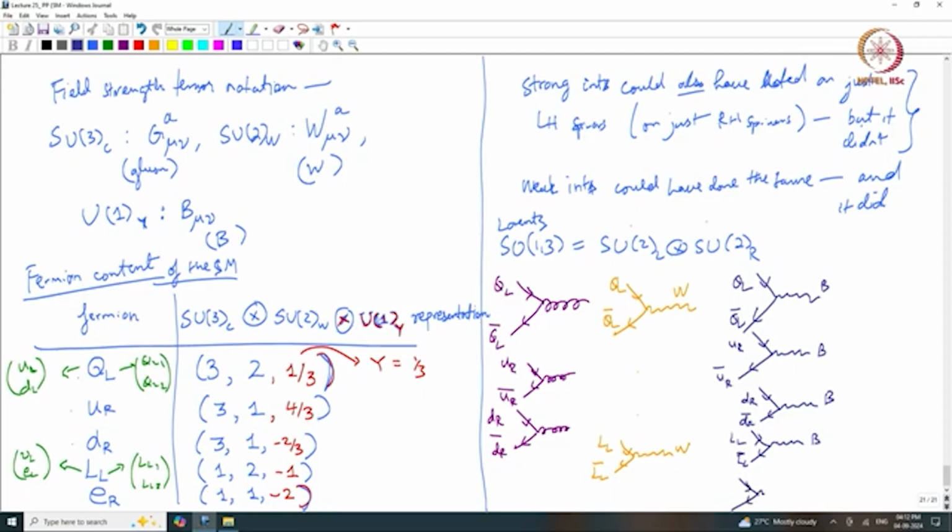Notice that the ER is charged only under the hypercharge. Okay, good.